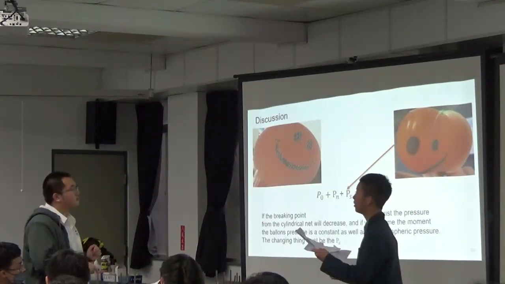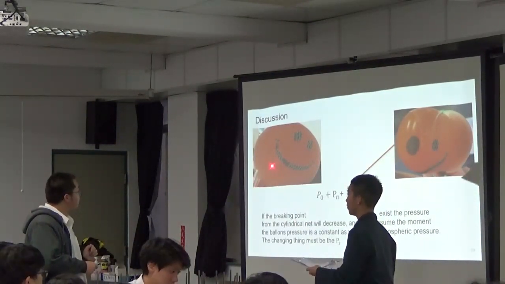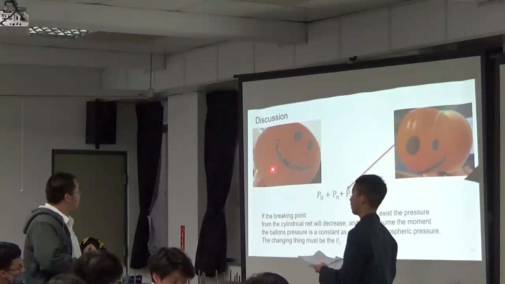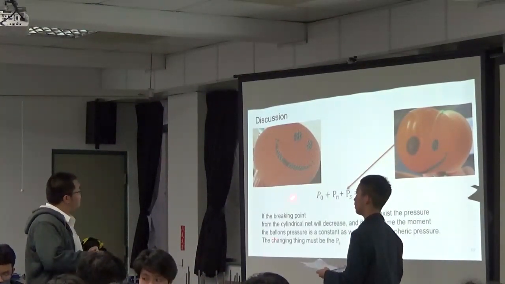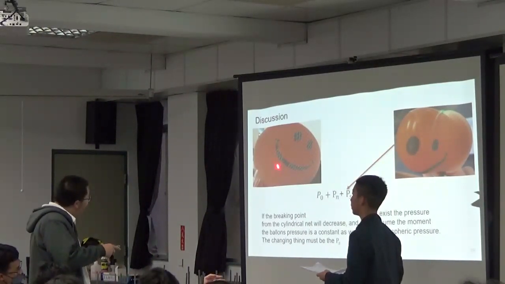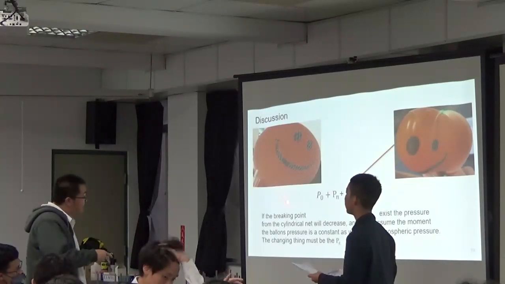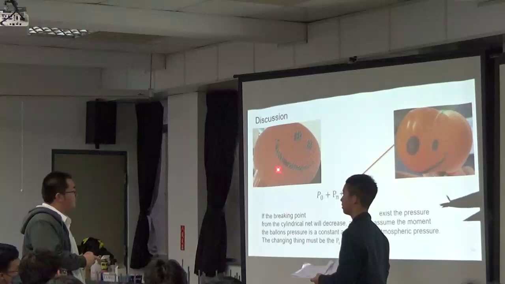So you didn't ensure the shape of the cylindrical net was cylindrical, right? Did you use trackers to measure it? But in reality, could there be a totally full cylindrical net? This is a cylindrical net, so it should be cylindrical.